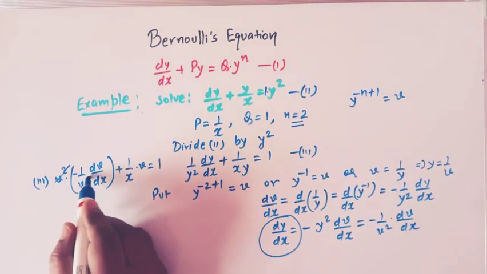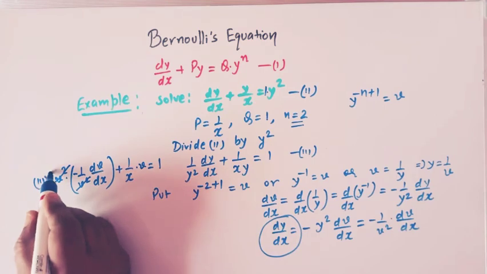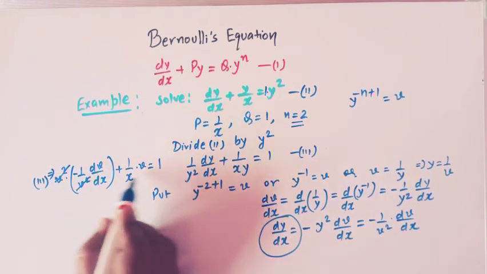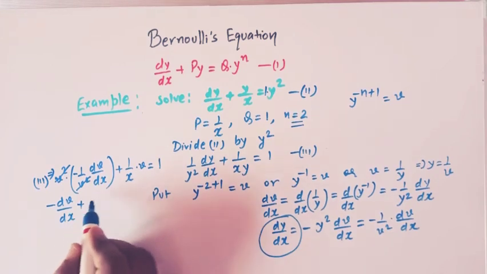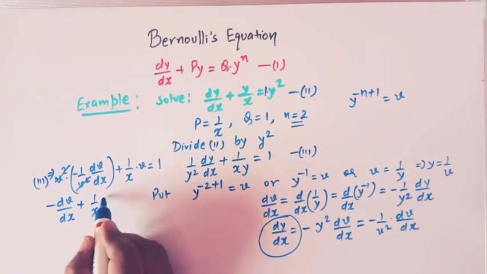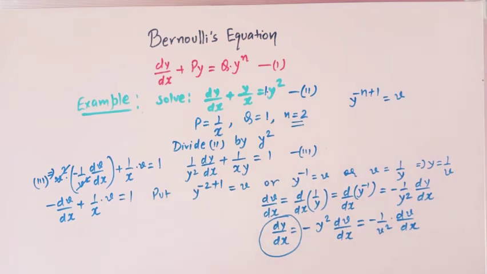So v squared and v squared get cancelled. So this equation now becomes minus dv over dx plus 1 over x times v is equal to 1.